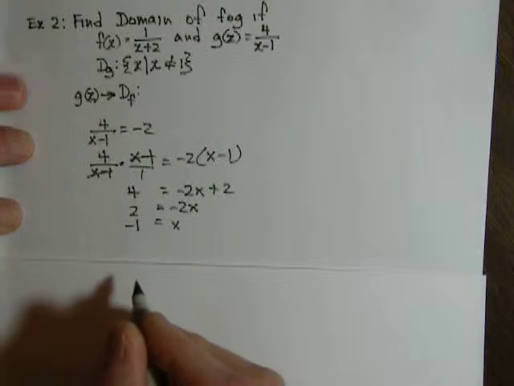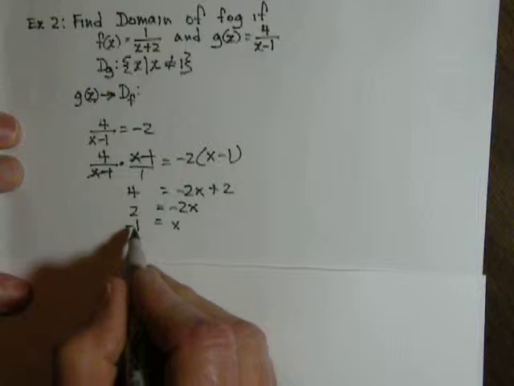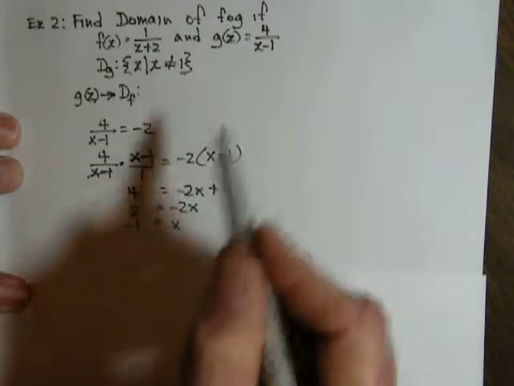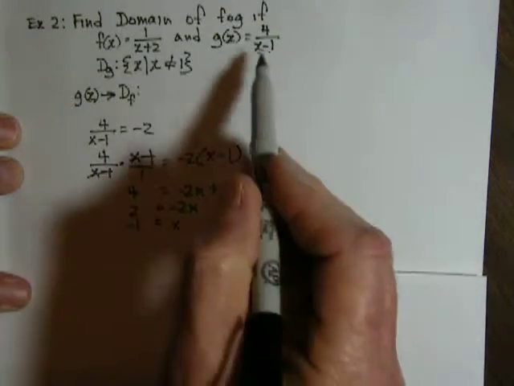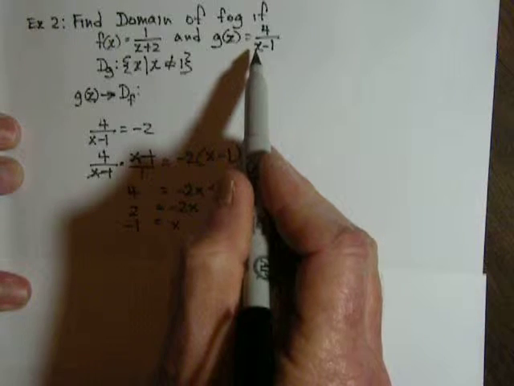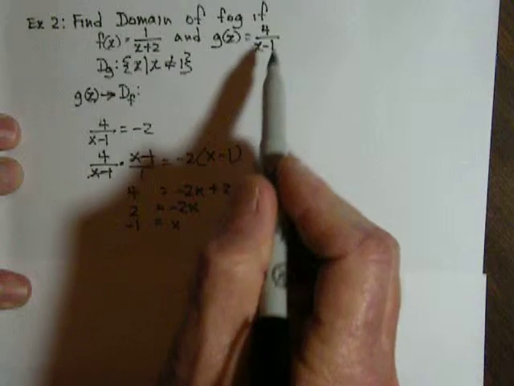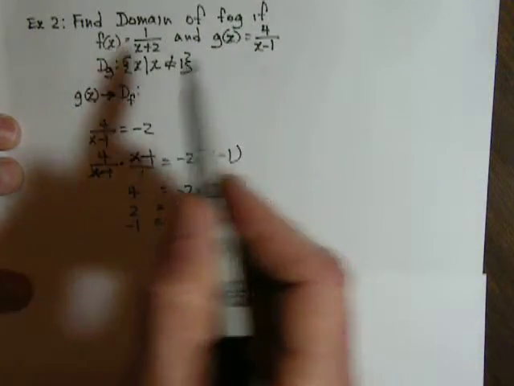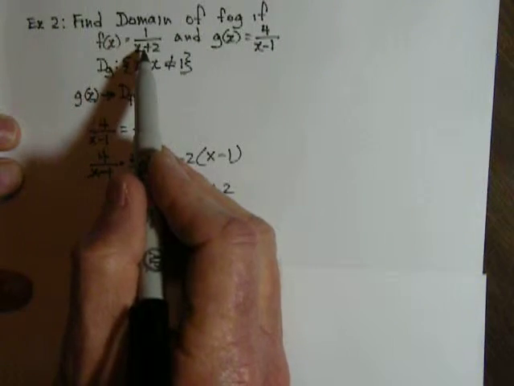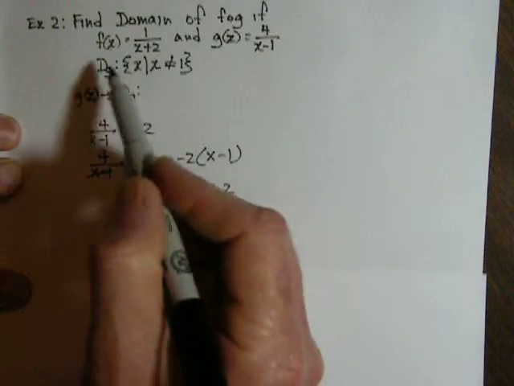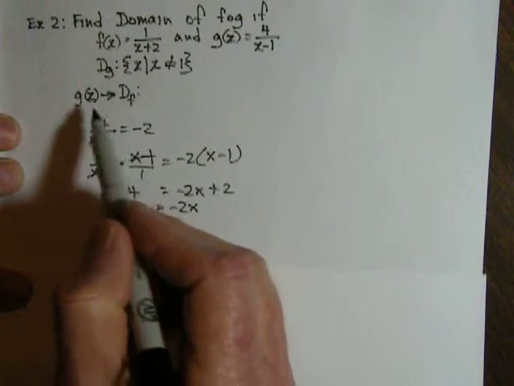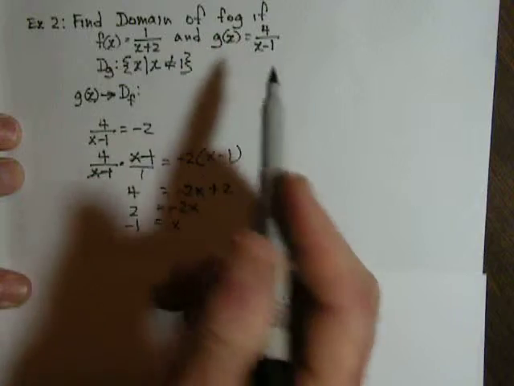So what this is telling me is that if I use negative 1 in here, I'm going to wind up with an answer of negative 2, and that will make this 0, which means I won't be able to complete the function of f circle g.